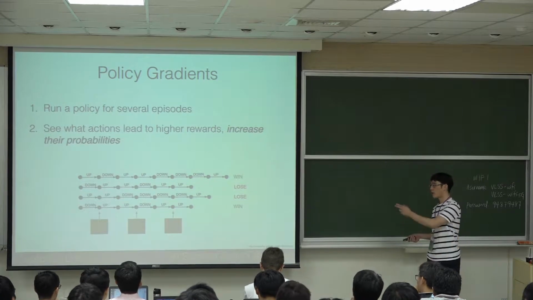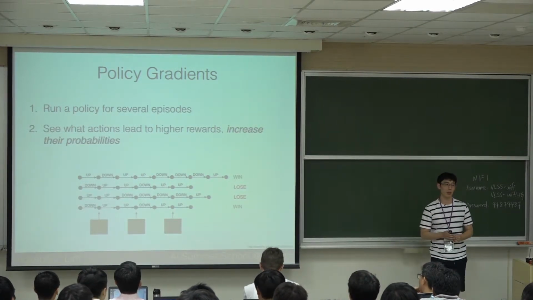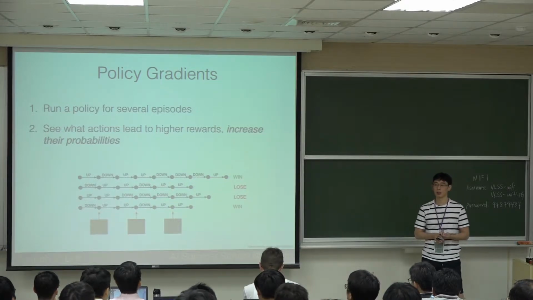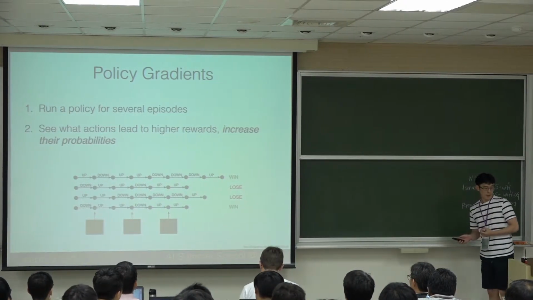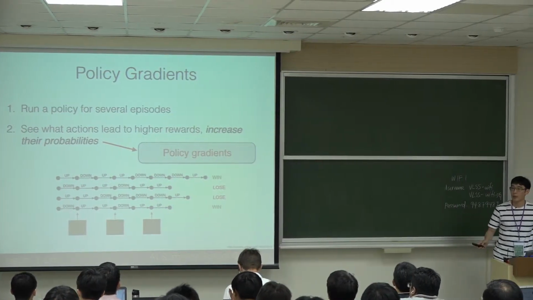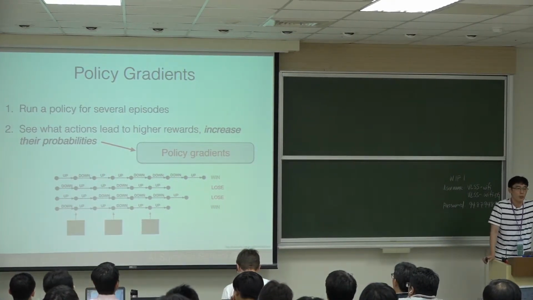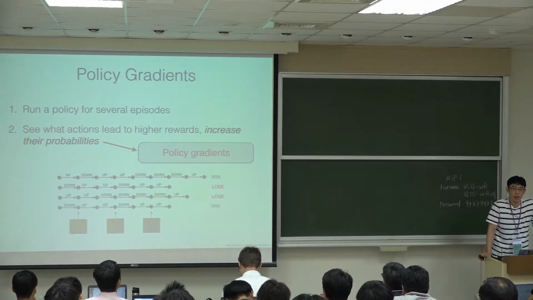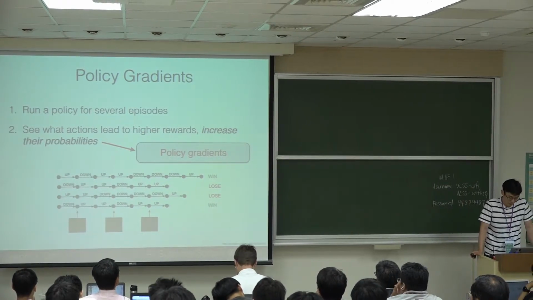And the second and third one, you want to decrease the chance of it happening, right? And that's all you do. At the abstract level, very simple. Increasing the higher rewarded one and decreasing the lower rewarded one is called policy gradient. It's just gradient descent, right?